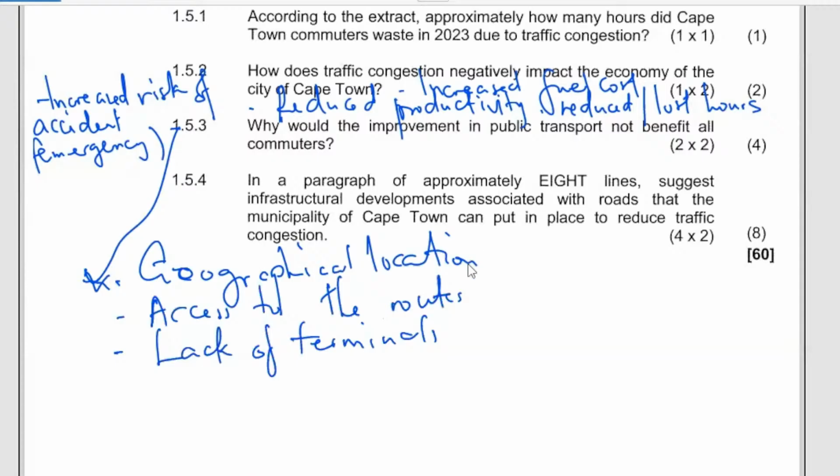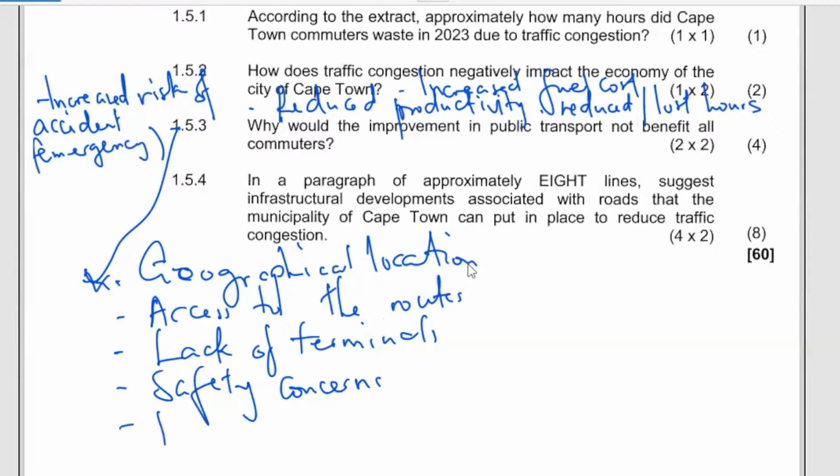Then we can also talk of safety concerns. Some people feel like it's not very safe to use public transportation. If, for example, you have valuables, the risk of losing your valuables is more of a concern. Or even some people assess public transportation as not very safe compared to their private vehicles.